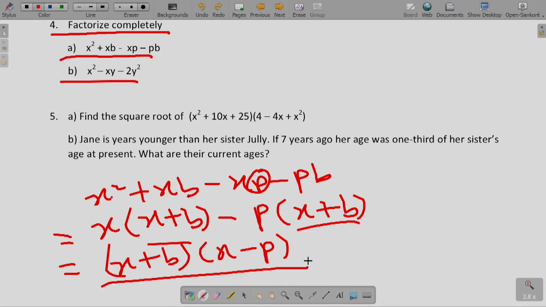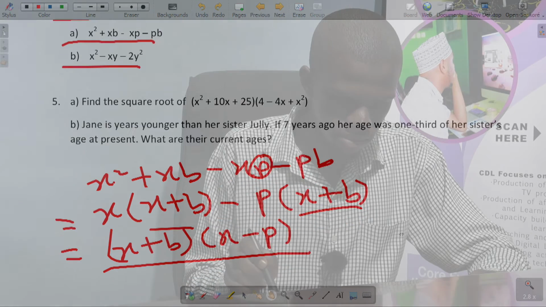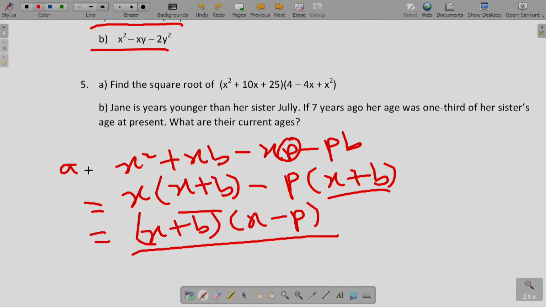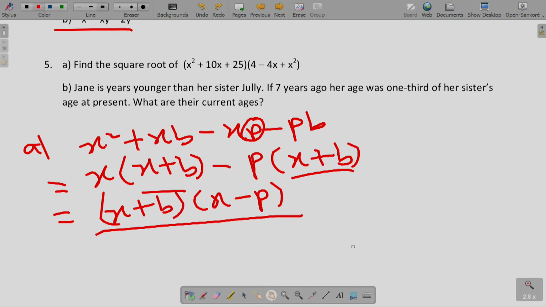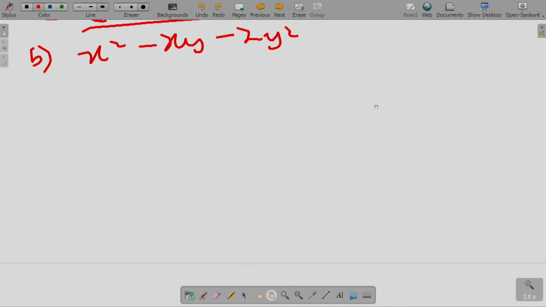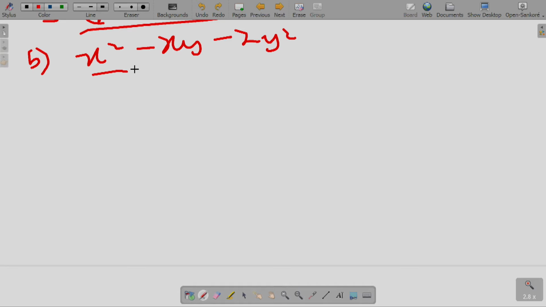Let's now move to question 4b. We have x squared minus xy minus 2y squared. This is a three-term expression. To find out the factors, we have to split the middle term. How can we split it?